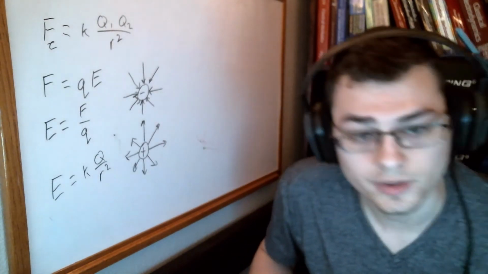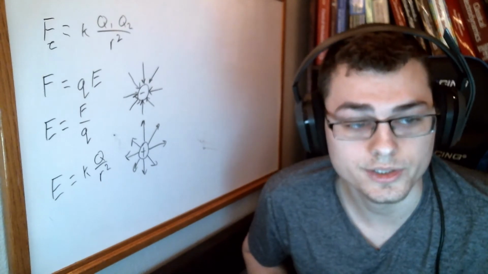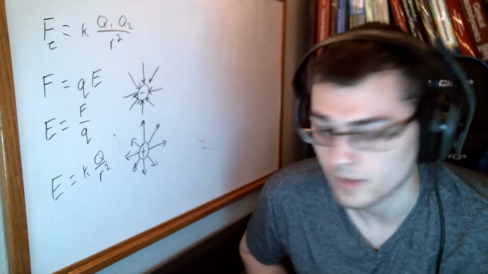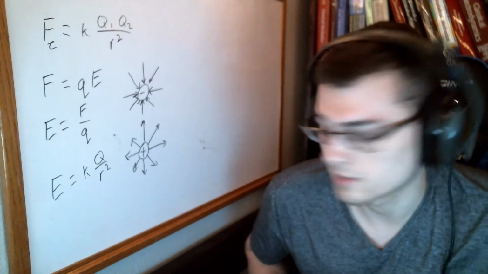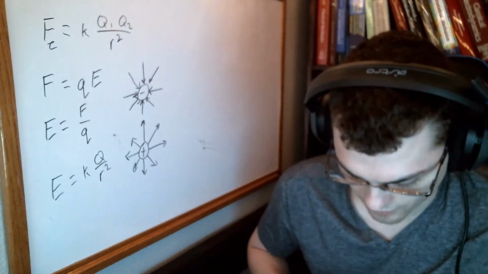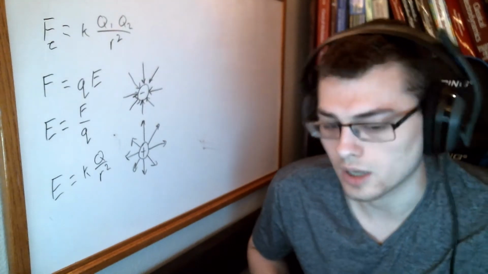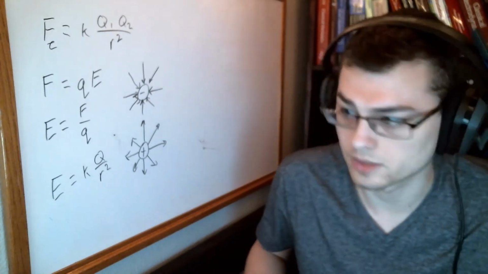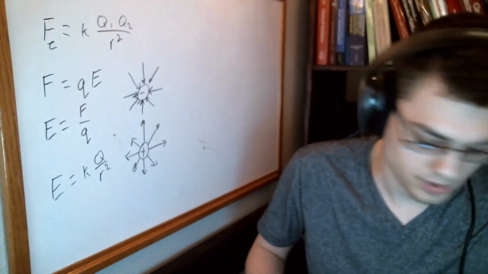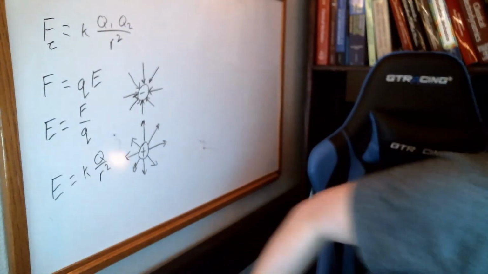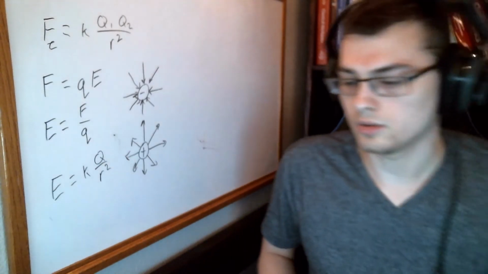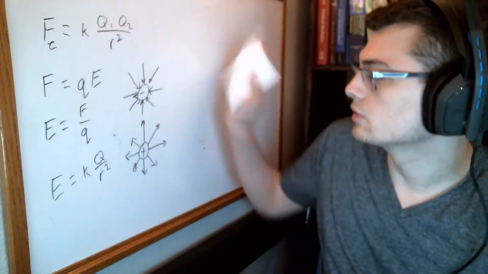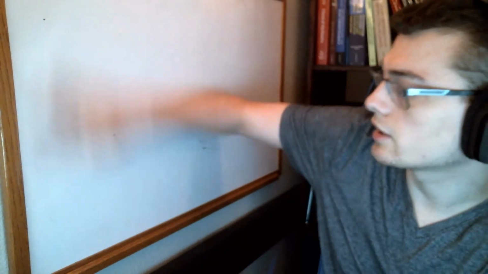So one thing that we talked about with forces is that we can superposition them, and that helped us out a lot in Physics 1, and we talked a little bit about that concept last lecture. I'll give you the exact equation for that.